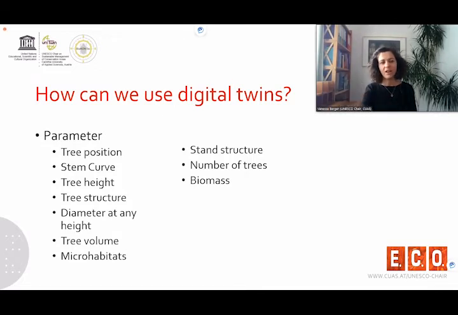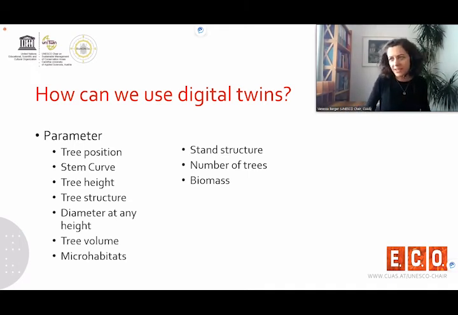And all these benchmarks showed us that the new technologies get a better biomass result than our old manual and allometric function biomass calculations. If you have a look at the stands, you can also see the stand structure. So is it just one layer, two layers, is it mixed or not? And also the number of trees in the forest.